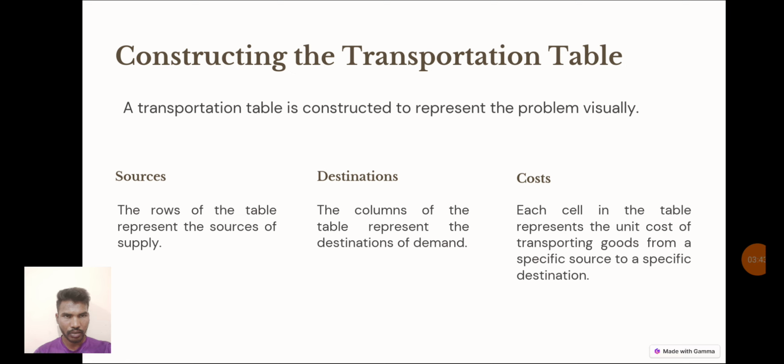Destinations: the columns of the table represent the destinations of the demand. Cost: each cell in the table represents the unit cost of transporting goods from a specified source to a specified destination.